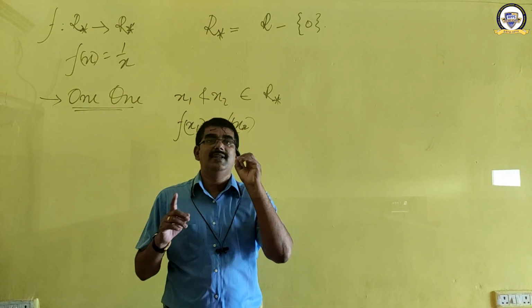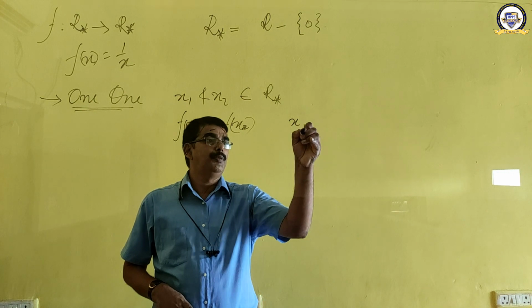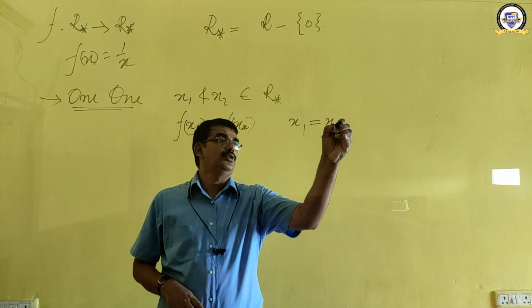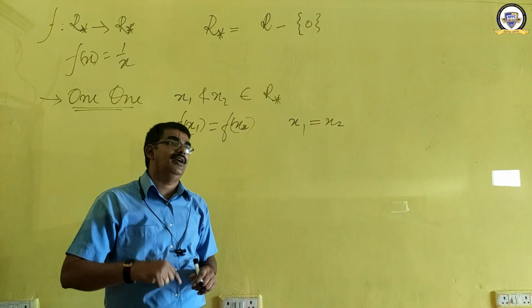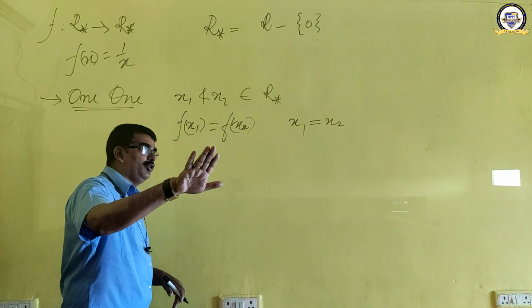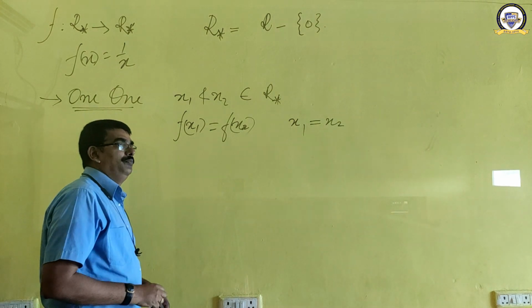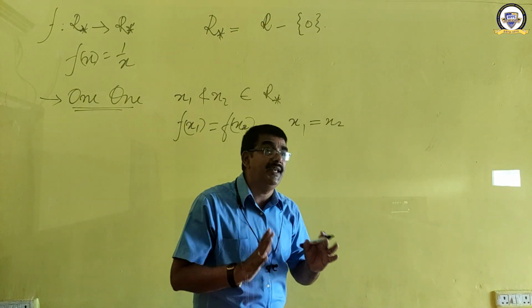If f of x1 is equal to f of x2, and if you can prove that x1 is equal to x2, then of course it is a one-one function. If the image is equal, then of course the pre-image also must be equal.